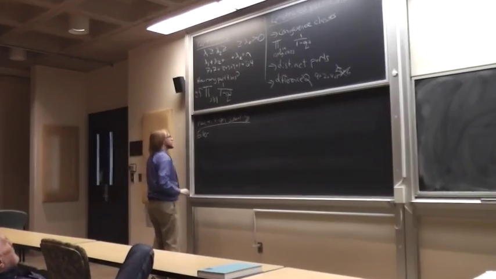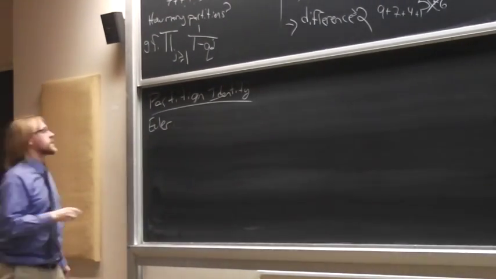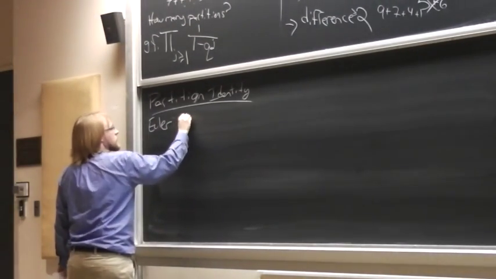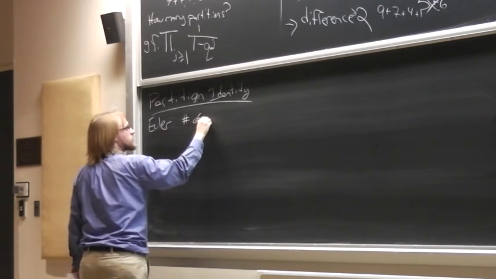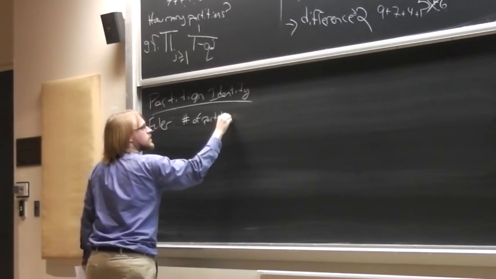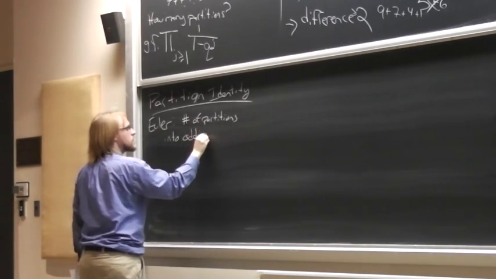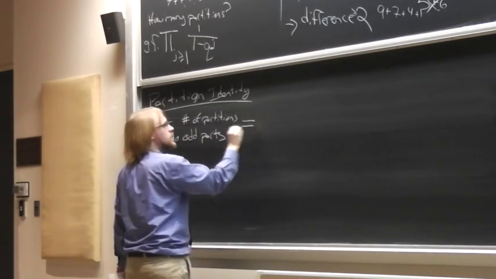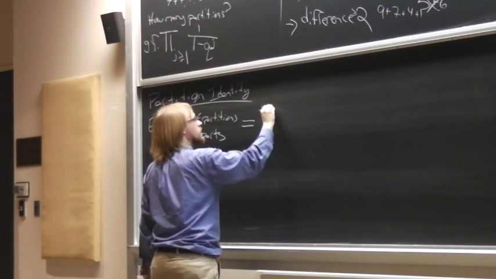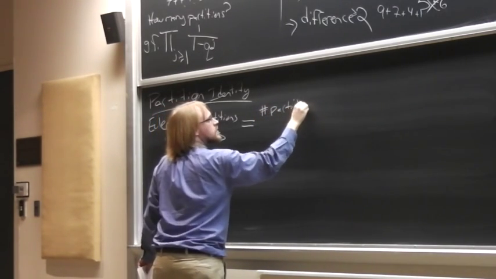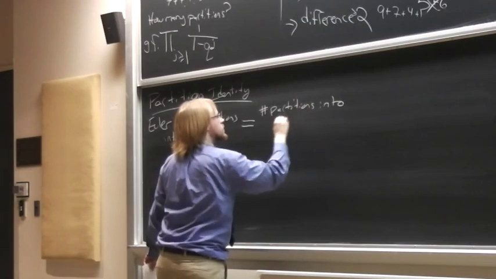The most famous one is Euler's, which says the number of partitions into odd parts equals the number of partitions into distinct parts.